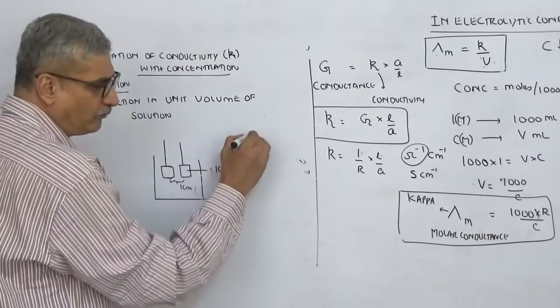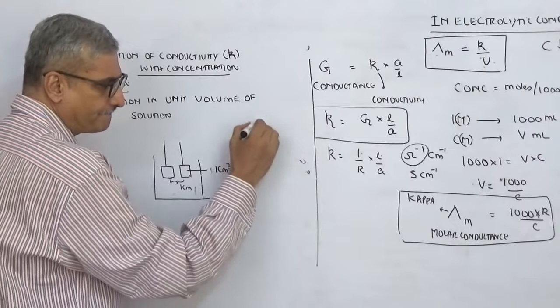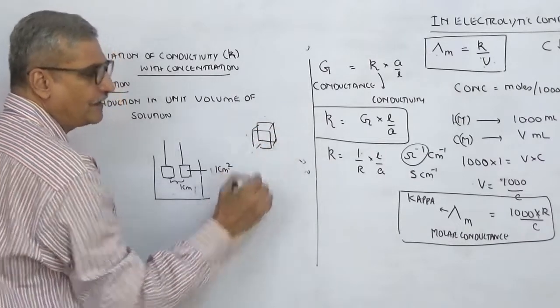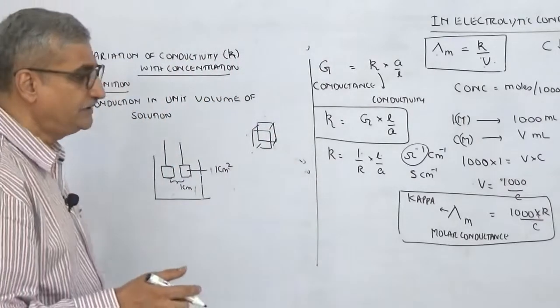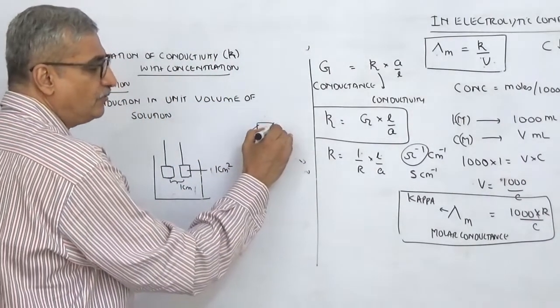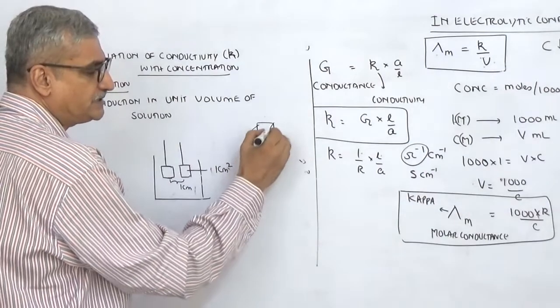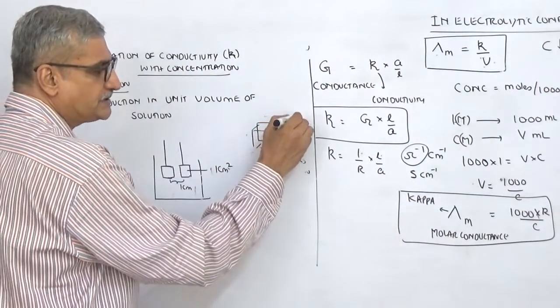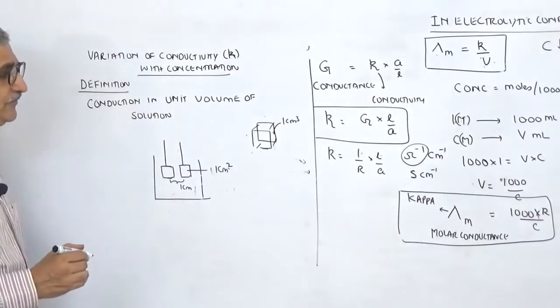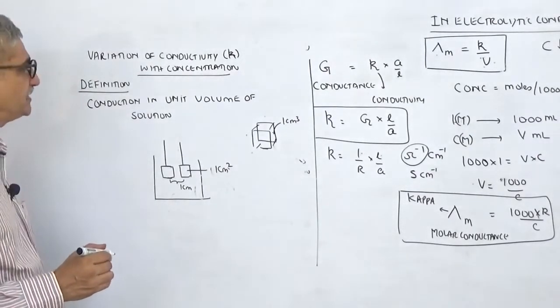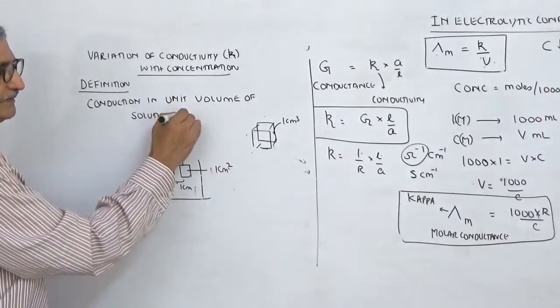So between them whatever volume is there, that will be unit volume, because it is 1 centimeter square into 1 centimeter. So this volume will be 1 centimeter cube. So conduction in unit volume of solution is what we call conductivity.